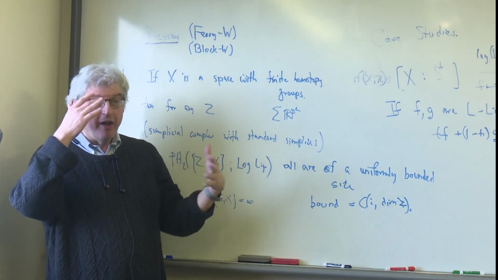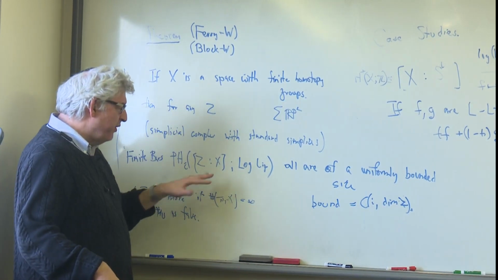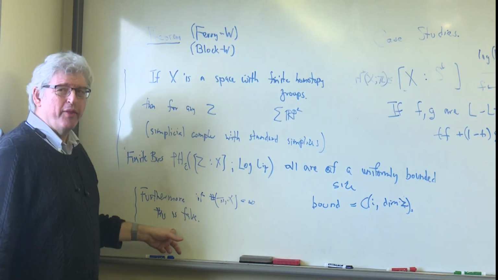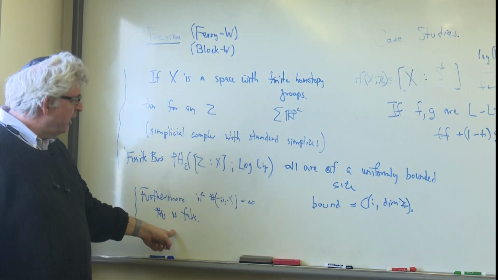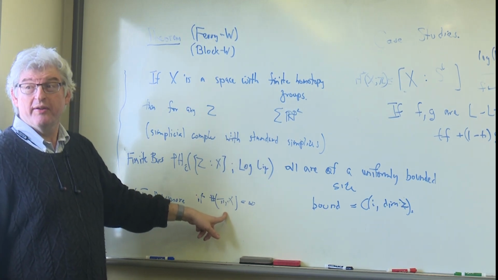There's always just some multiplicative constant that works. And so the second part of the theorem says that when some homotopy group is infinite, this is never the case.